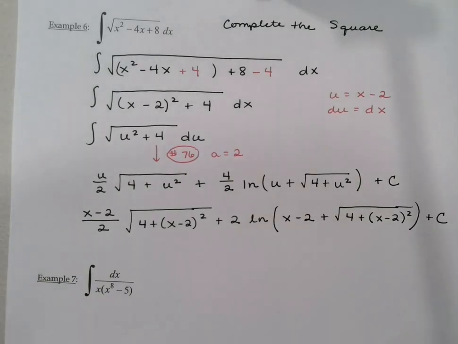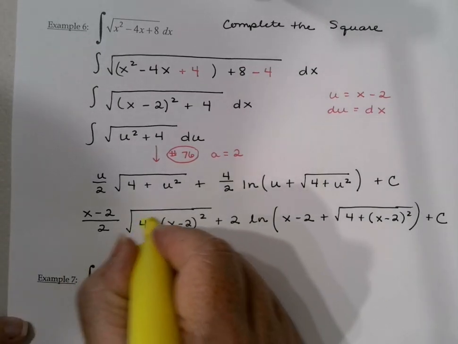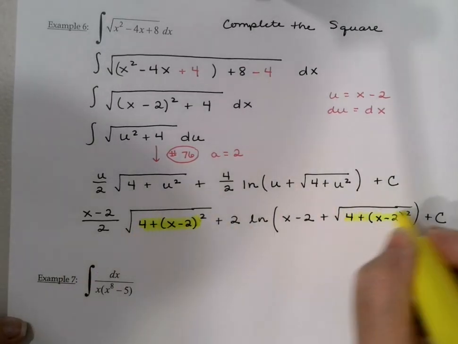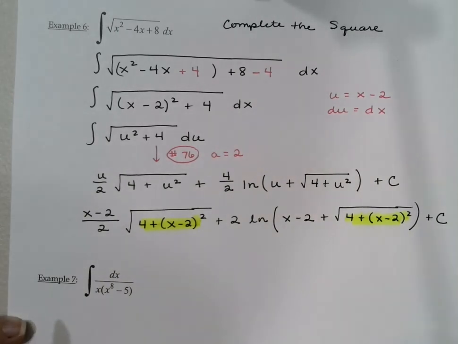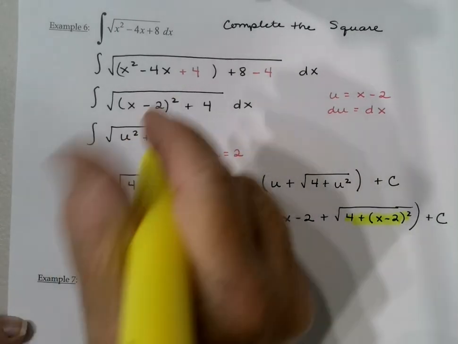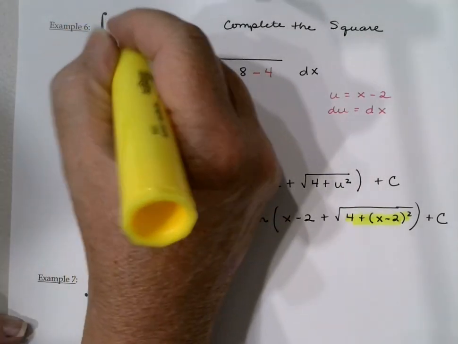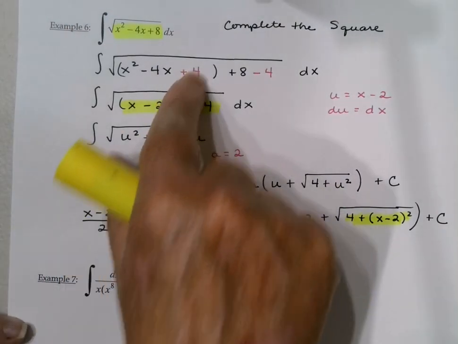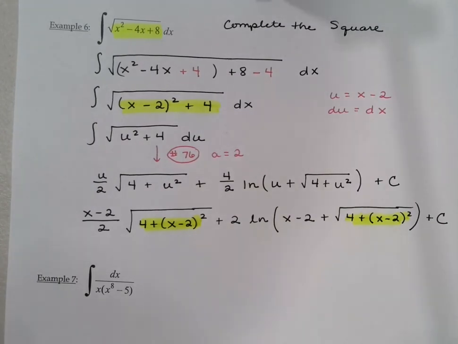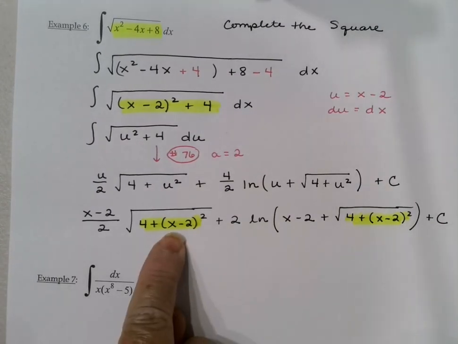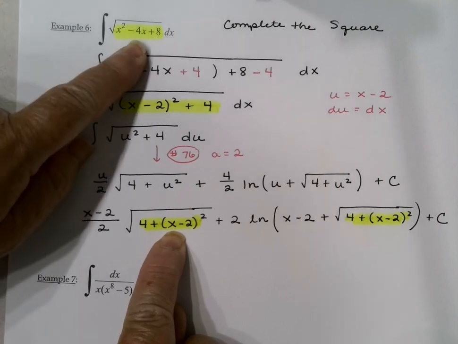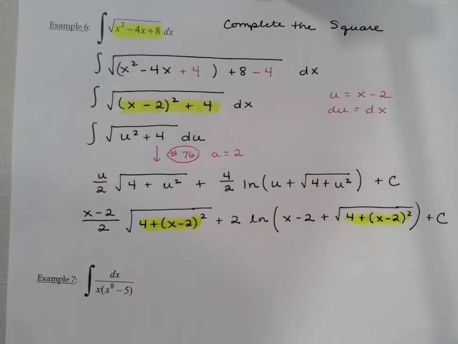And I will just mention, when we have our 4 plus the (x minus 2) squareds, it happens a couple times, right? Remember, that really just came from this originally, after I completed the square on it. You could multiply it out again if you wanted to, x squared minus 4x plus 4, and you get right back to here again.